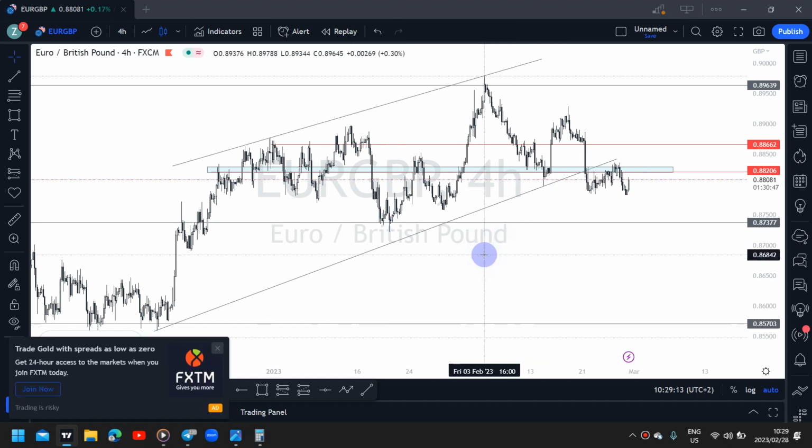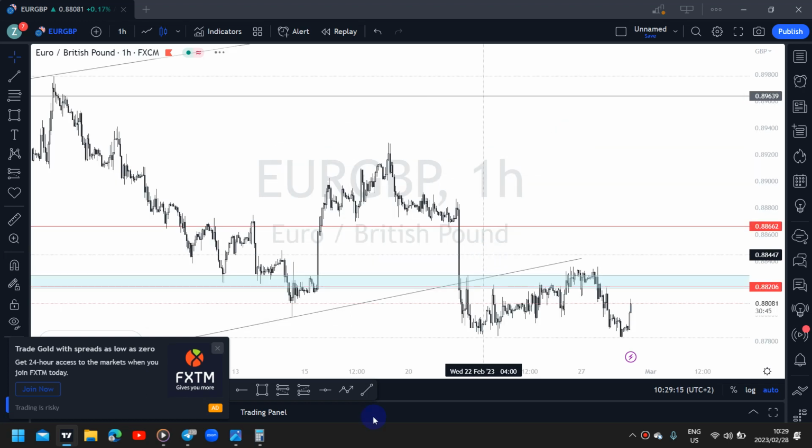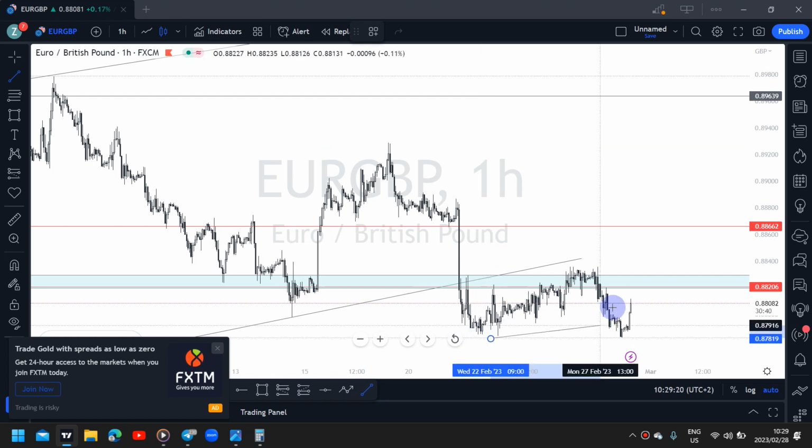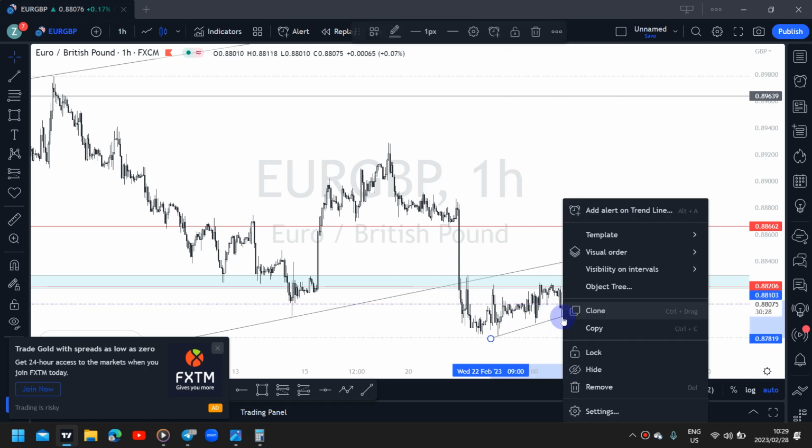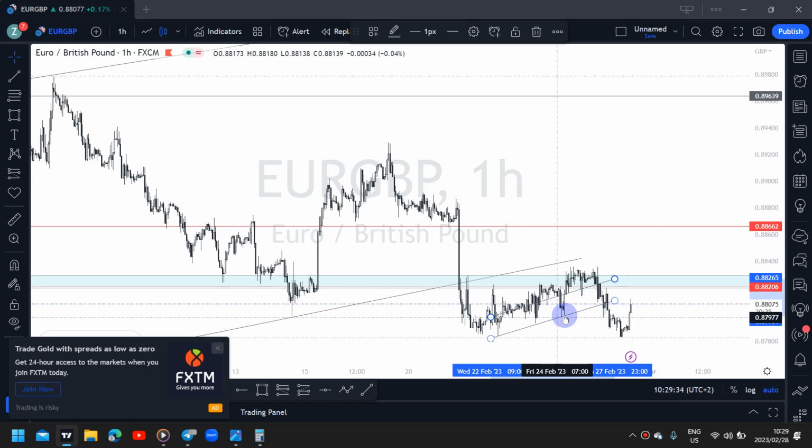and if I move deeper to the hourly time frame to cater for confirmations and also entries, I'm seeing this small trend here. I'll just draw the supporting trend line, and let me cater for the resistance here, the resisting trend line.